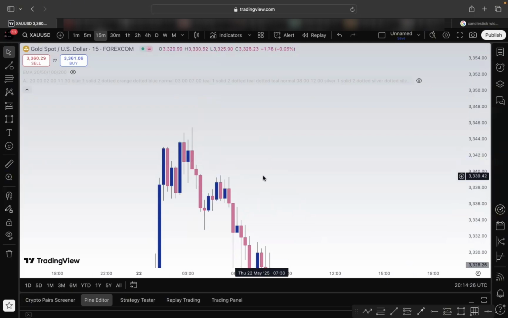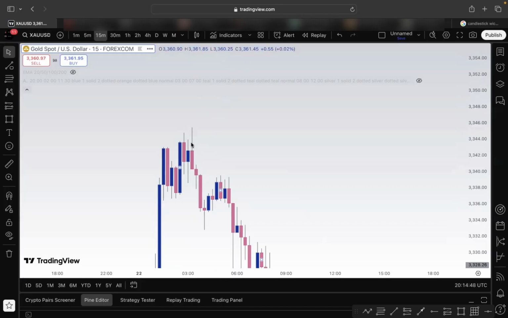I think this should be AM. Yes, 3:15 AM, so that was during the Asian session. This candle formed here is a bearish candle. This is the open, this is the close, and you can see it has no wick below it, but we have an upper shadow here.